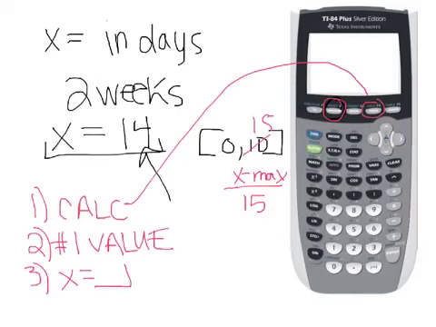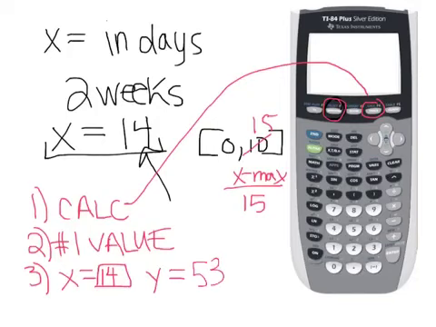At that point, I can type in 14 and enter, and it'll tell me Y equals 53.8%. What this means is that after 2 weeks, the student will remember approximately 53.8% of the photograph.